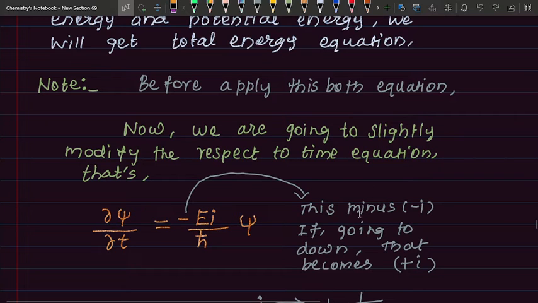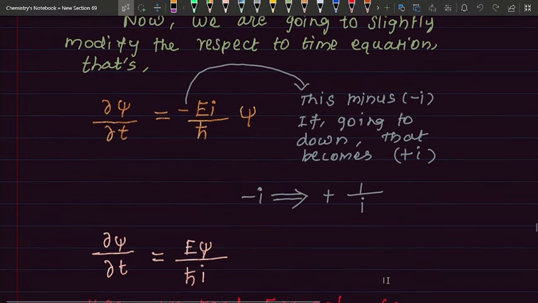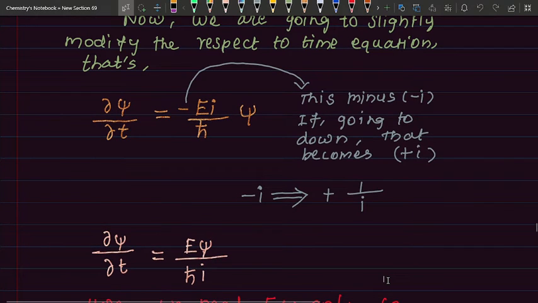This minus going below becomes plus i, since minus i gives plus 1 by i.